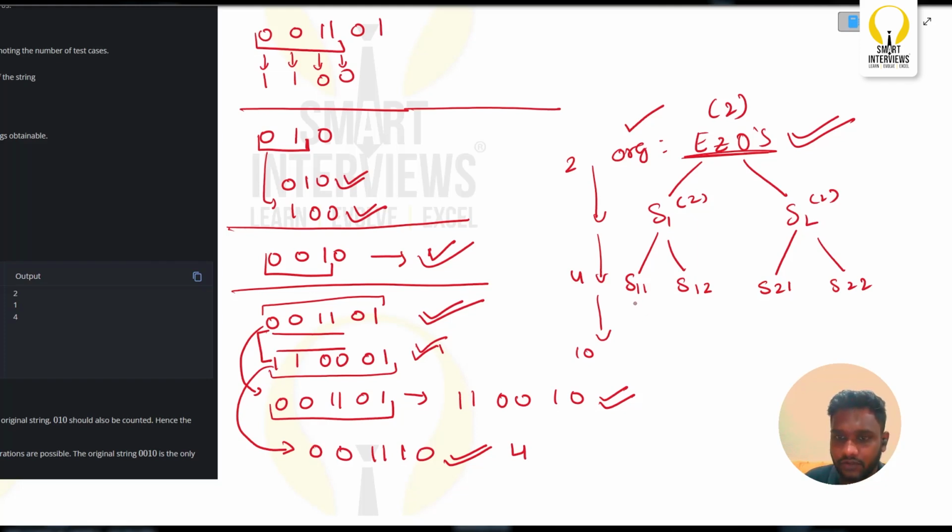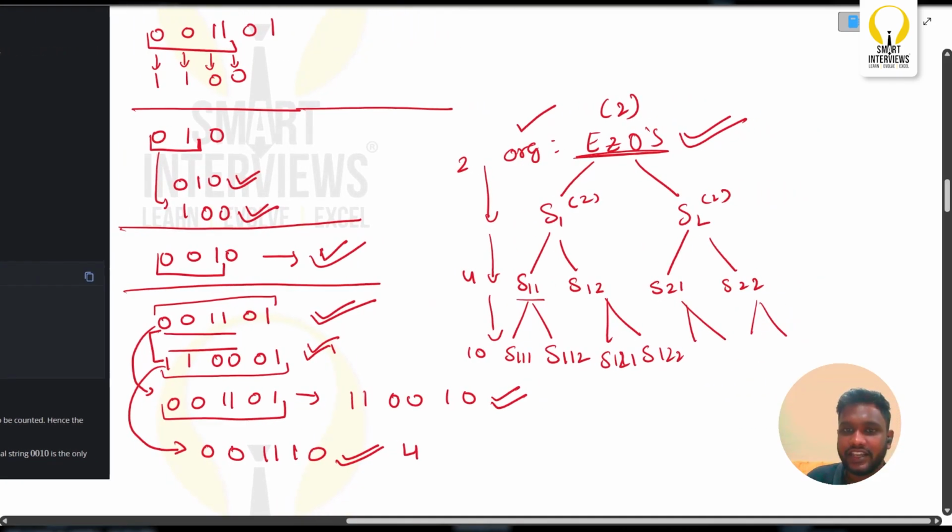Next, again let's say at length 10, I have equal zeros and ones. From S11 I have two possibilities, S111 and S112. Similarly here also, S121 and S122. So these two also will get split, and these two also. So how many strings are we getting?